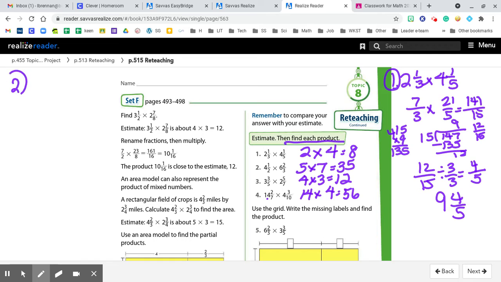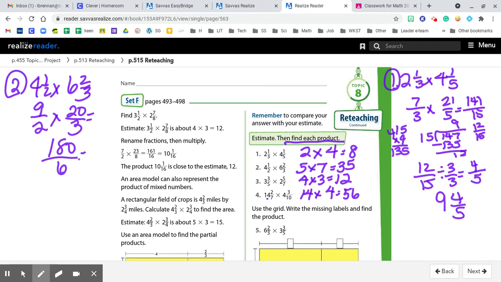Number 2, 4.5 times 6 2/3. This will be 9 halves times 20 over 3 equals 180 over 6, which will be 30. That was a little faster.